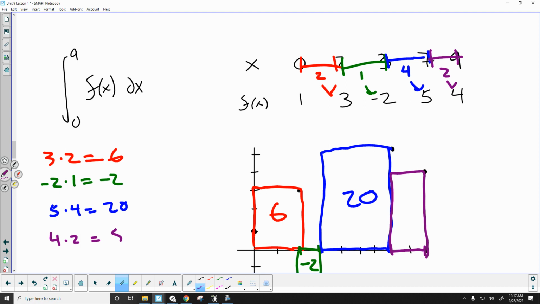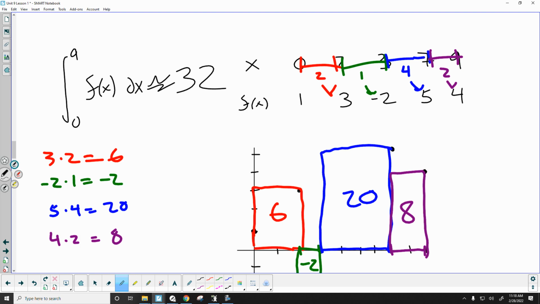Eight. Add them all together. This is approximately 32, using a right Riemann sum with 4 subintervals, widths indicated by the data. Is it accurate? I don't know. I don't care. That's what I get.